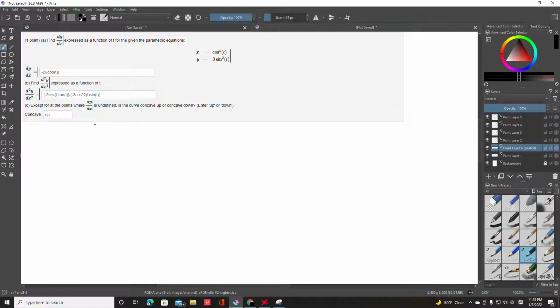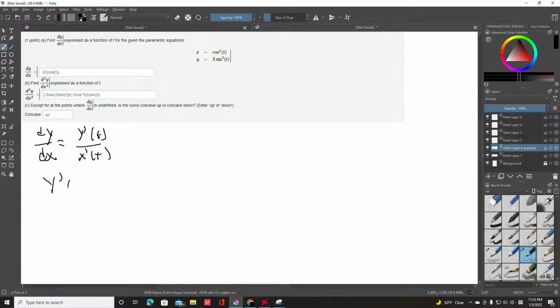There are just a lot of trig functions here. So let's find dy over dx. Again, we use the format dy over dx is equal to y prime of t over x prime of t. We have to take the derivative of y with respect to t.